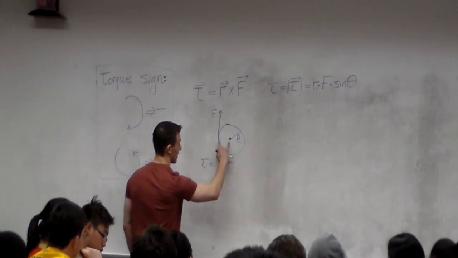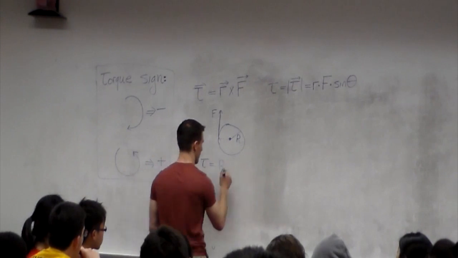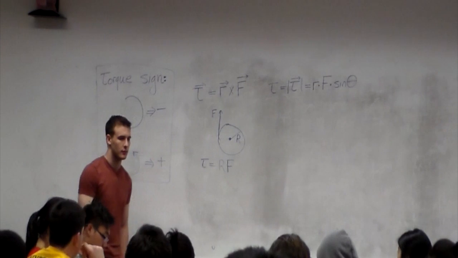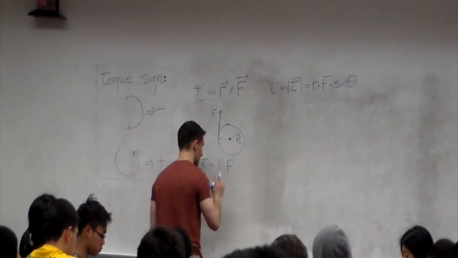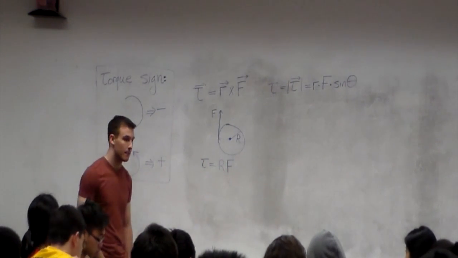It's clearly got a length of r. Right? The force I'm applying is F. And what is the sine of that angle? 90 degrees. Right. The angle is 90 degrees, so the sine of the angle is 1, and this is just the torque. Right? Is it positive or negative? Negative.